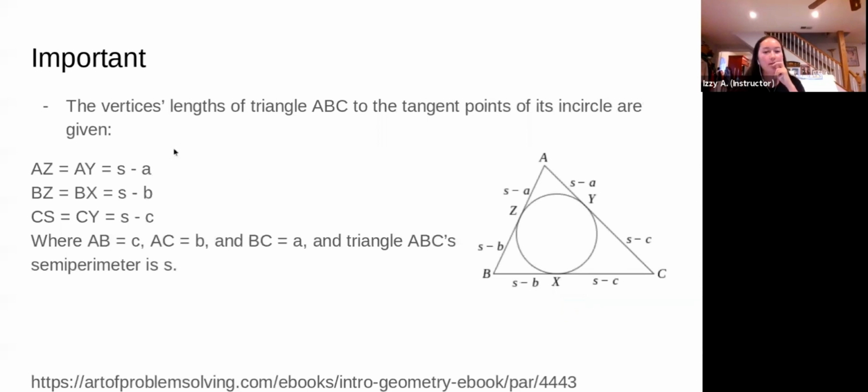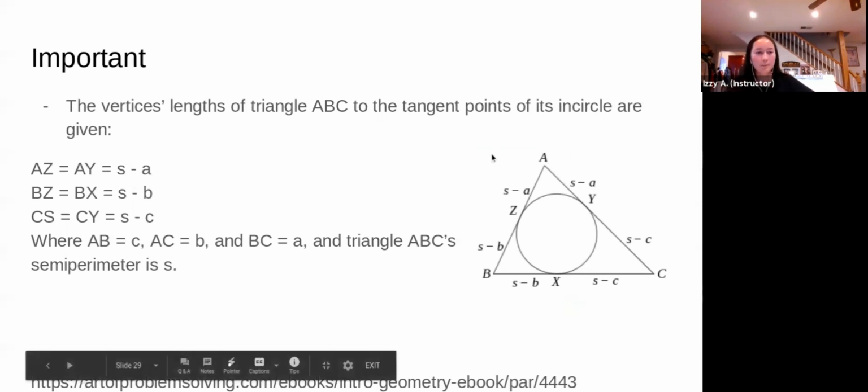Okay. Next, the vertices lengths of triangle ABC to the tangent points of its incircle are given. So let's look at this image over here.